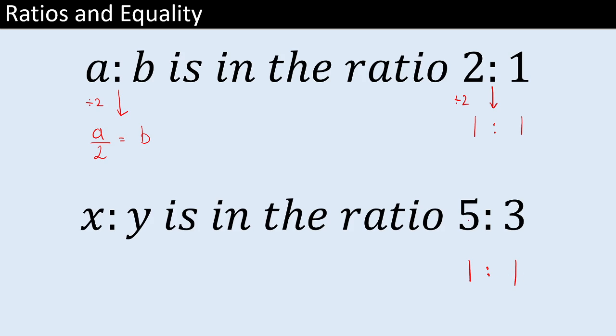Now I could say, well, in this case, I can divide the left-hand side by 5 and the right-hand side by 3. And I could do that. And then I could say, okay, x divided by 5 would be x over 5, and y divided by 3 would be y over 3.